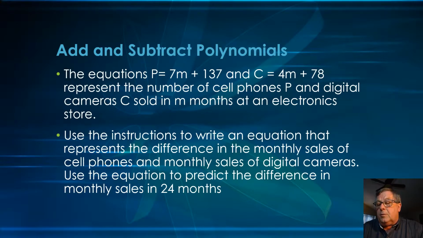We're going to conclude our little journey here on adding and subtracting polynomials, at least for the time being, by going through a little word problem. You'll probably find that this word problem may be either amusing or surprising, because its premise is that cell phones and digital cameras were sold at one time as separate devices at electronic stores.